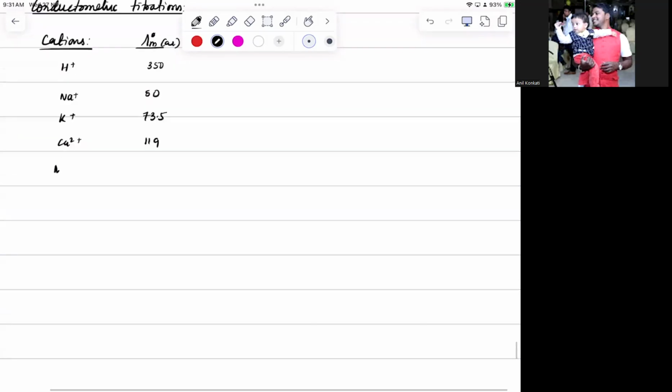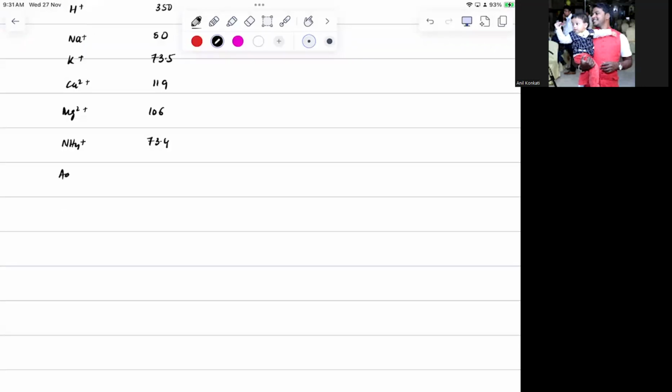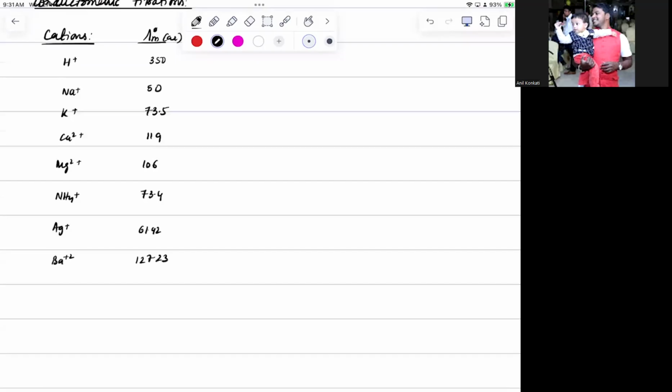Mg2 plus is around 106, while NH4 plus is around 73.4, Ag plus is around 61.92, and Ba2 plus will be around 107.23. These are various values for cations.